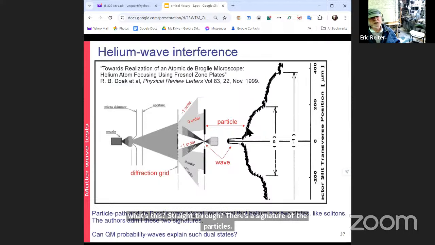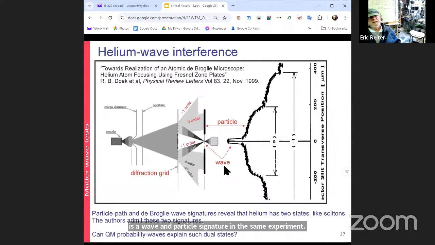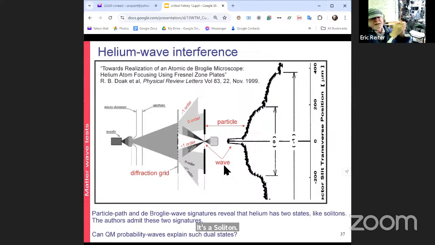And the authors admit that this is a wave and particle signature in the same experiment. It points out that rest mass stuff like atoms have two states. It's a soliton, which can hold itself together or lose its ability to hold itself and spread like a wave. It's a two-state solution for matter. There is such a thing as particles, but it can lose that when you do beam experiments and express itself as a wave.